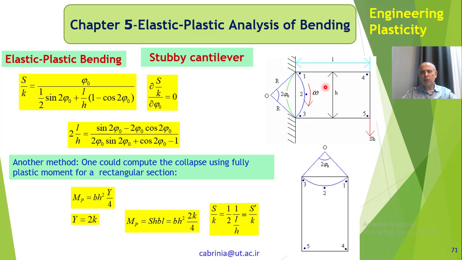Therefore point 1, 2, 3, 4, 5 remain the same relative to each other, but their absolute velocities change. Now I have shown point O in here like that, so this is perpendicular to that, and this is perpendicular to that, or you could say that this is parallel to that and this is parallel to that.